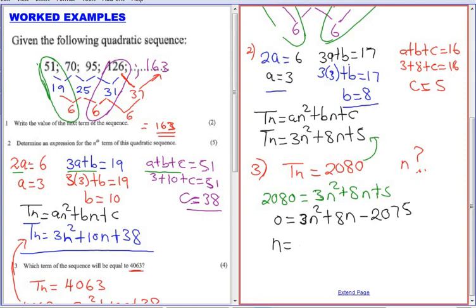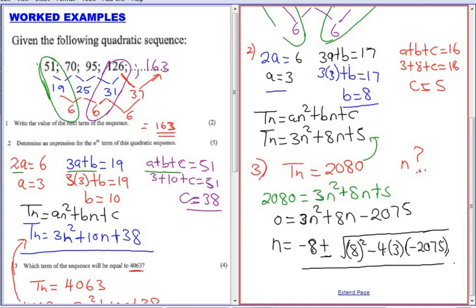So it's minus b plus or minus square root of b squared minus 4. Our a in this situation is 3. For ac, our c is minus 2075, like that, all over 2a. And our a is 3.